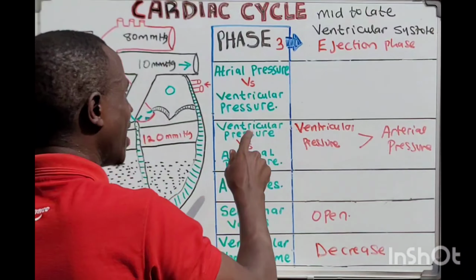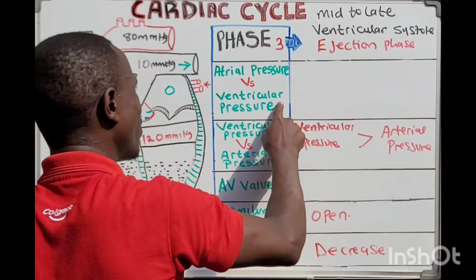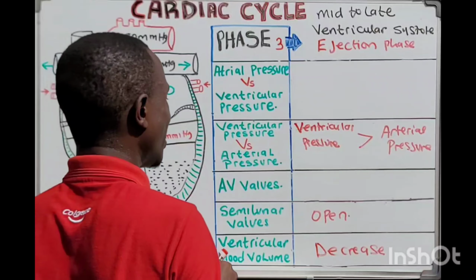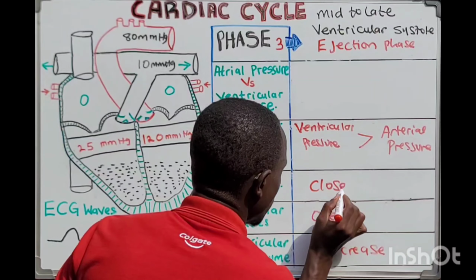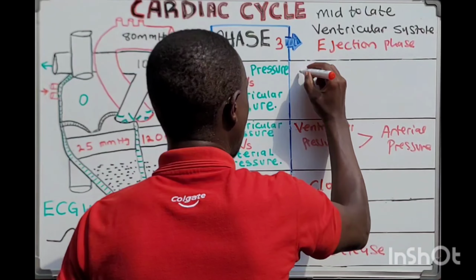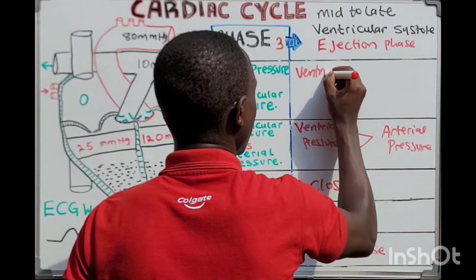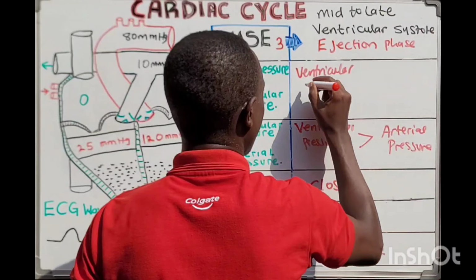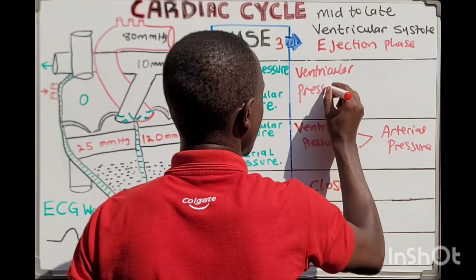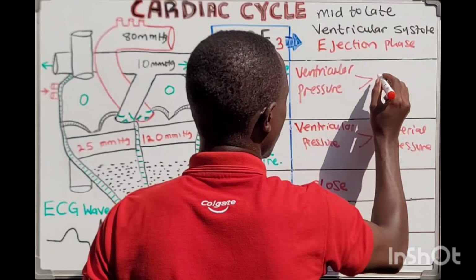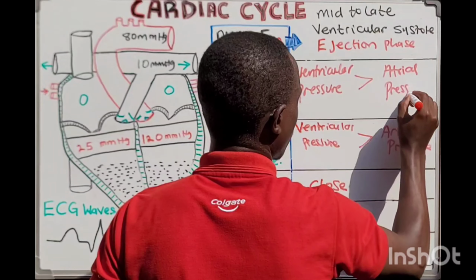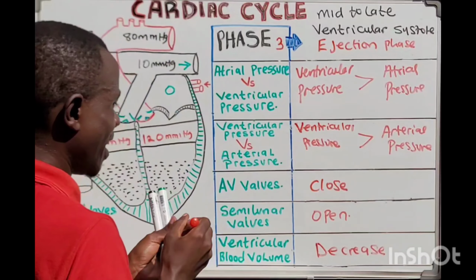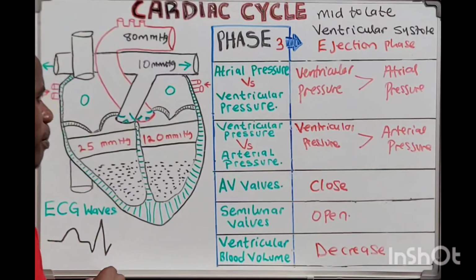And the ventricular pressure is still greater than the arterial pressure, and for that reason, the AV valves are also going to be staying closed. That is something which is so much beautiful.